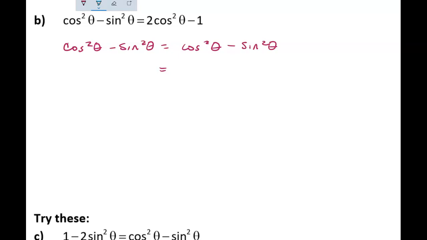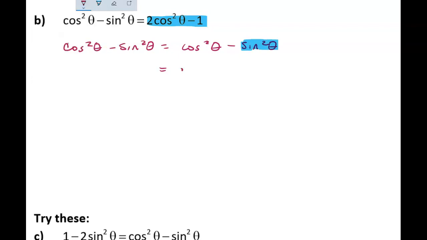I think we're going to use a Pythagorean identity because cosine squared and sine squared kind of indicate that, since they're squared and there is a relationship between cosine and sine in a Pythagorean identity. However, our target is 2 times the cosine squared of theta minus 1. What that means is the sine squared of theta is going to have to go away.